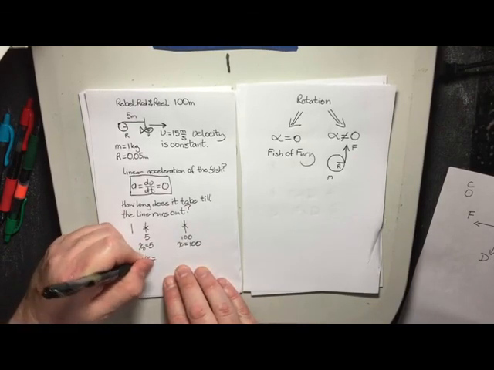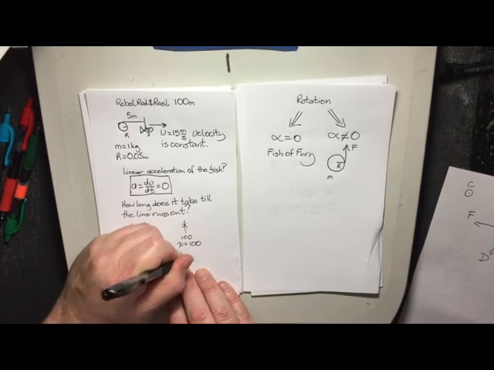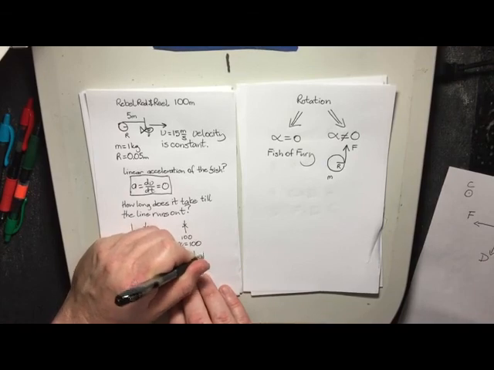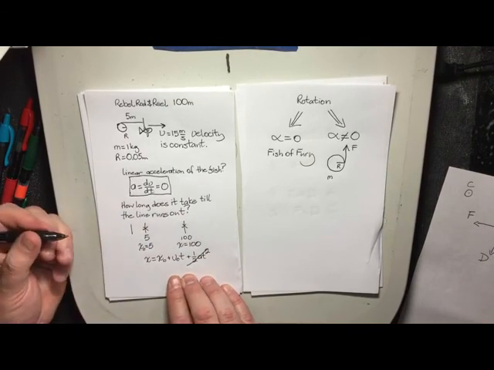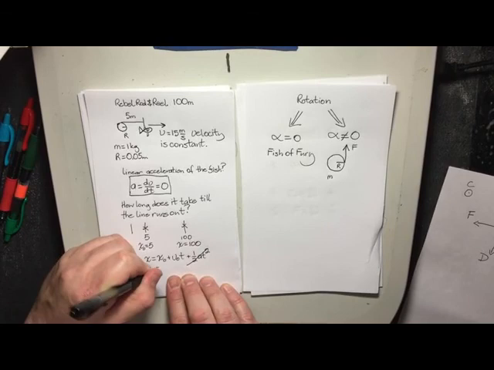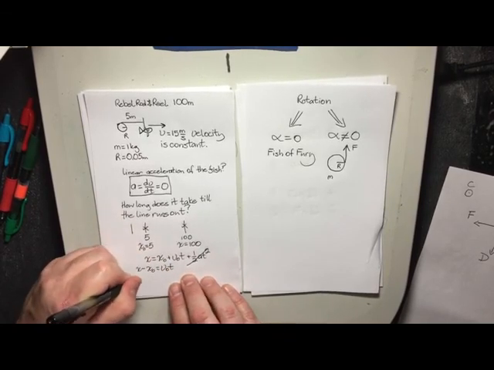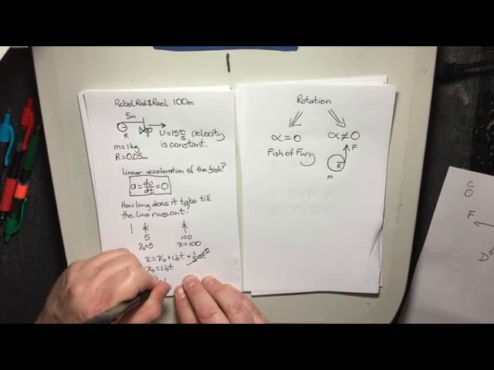So x is equal to x naught plus v naught t plus 1/2 at squared. Acceleration is 0. I'm looking for t, so x minus x naught equals v naught t, or x minus x naught over t is equal to v naught.